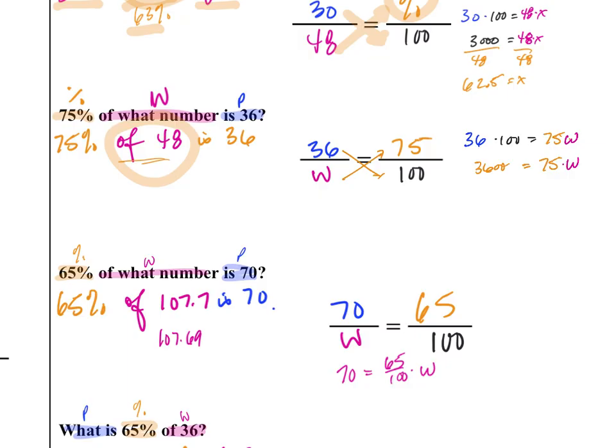Some of you have been writing down the equal sign there. That is a mistake. Then I'm going to divide both sides by 75, and that gives me 48.